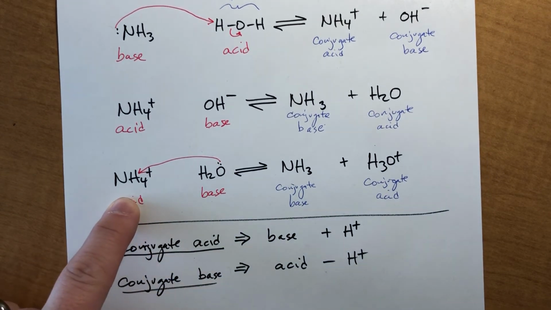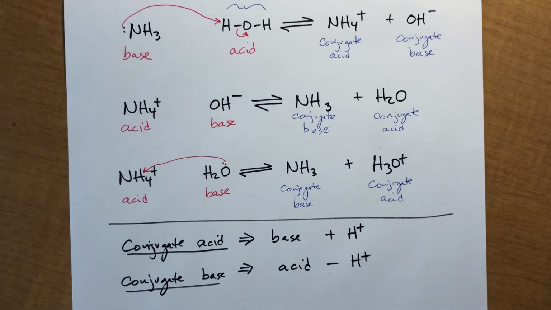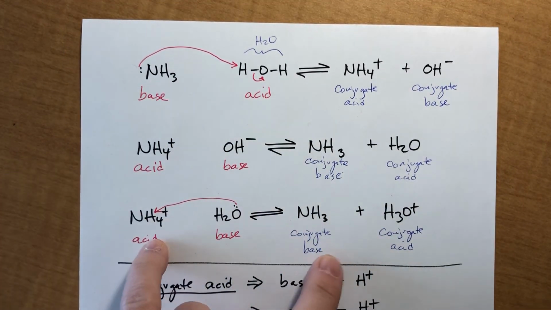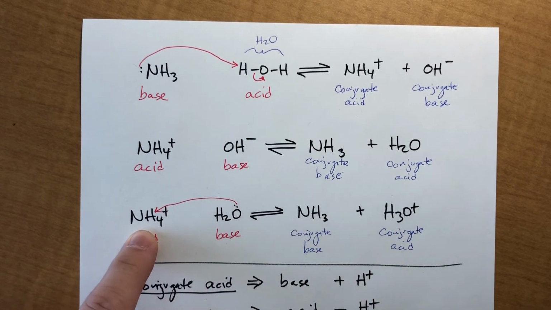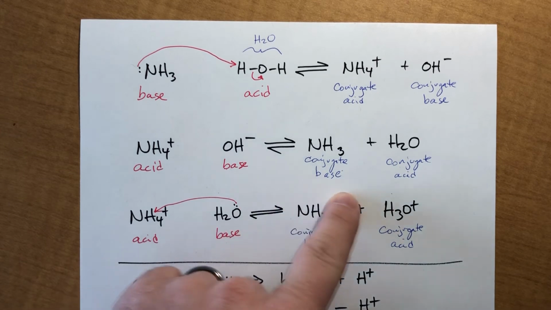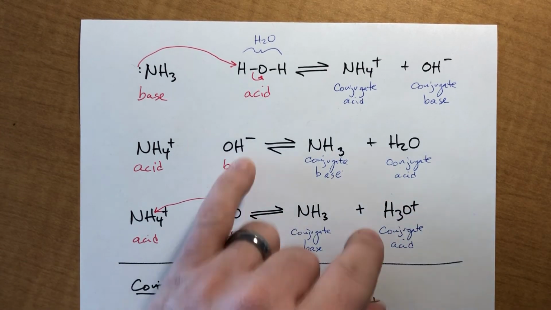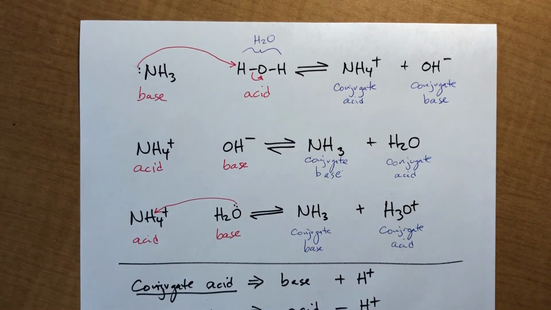This was an acid because it had an extra H plus to donate. It lost it, now this is a base. Which makes sense because we said it was a base up here, so this is the conjugate base. Water is acting as a base because it's in the presence of an acid. It gained an H plus, so now it's an acid. It's something we said could be an acid anyway with an extra H plus, so it's definitely an acid.